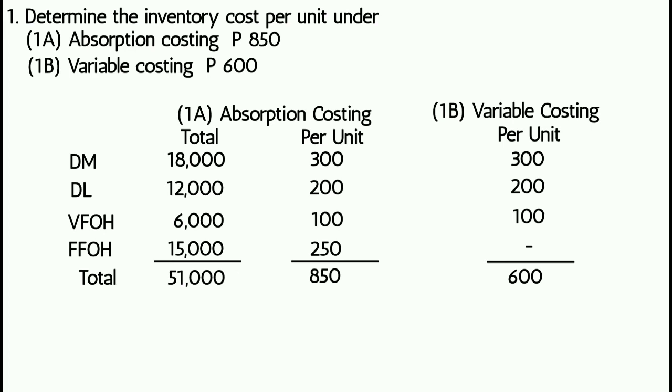That means 18,000 pesos plus 12,000 pesos plus 6,000 pesos, that is equal to 36,000 pesos. 36,000 pesos divided by 60 units, that is equal to 600 pesos.